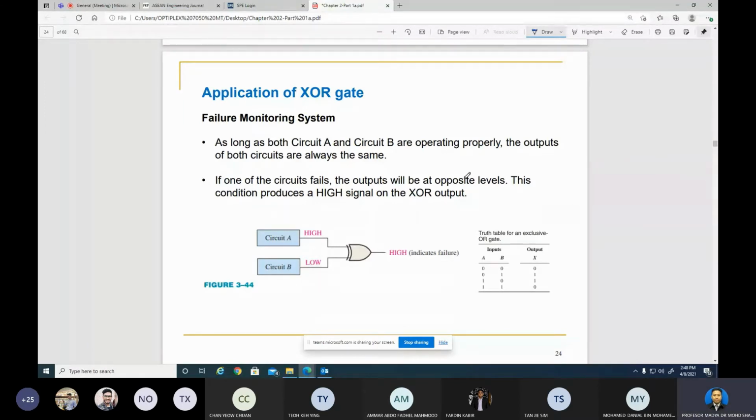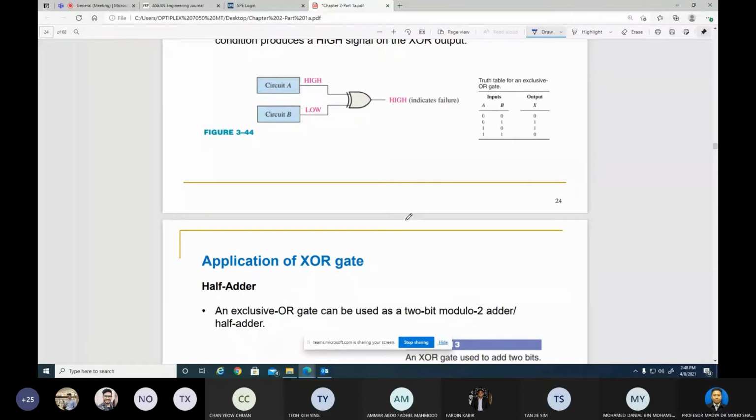That's why we call it a failure monitoring system.